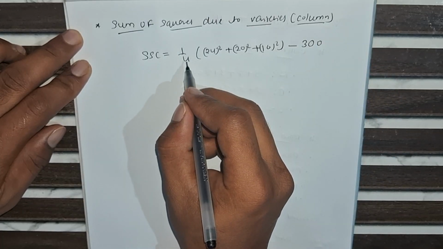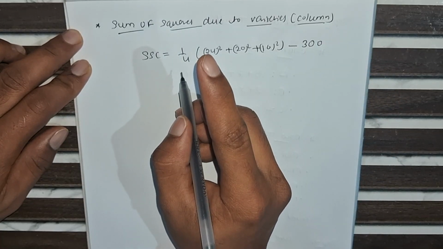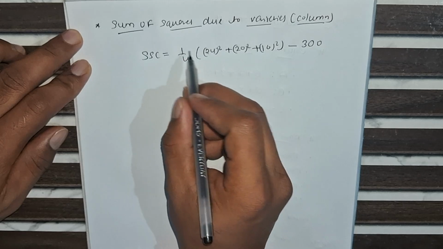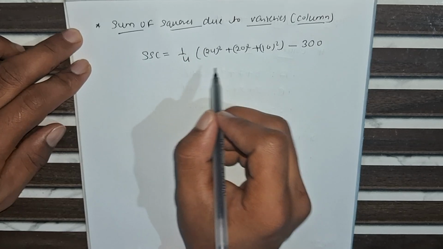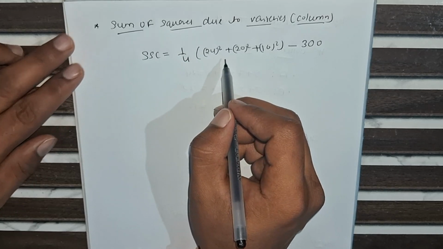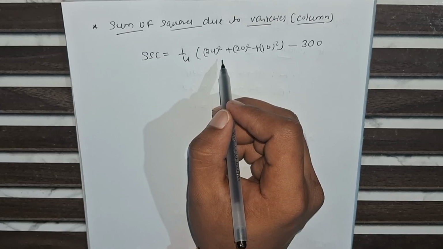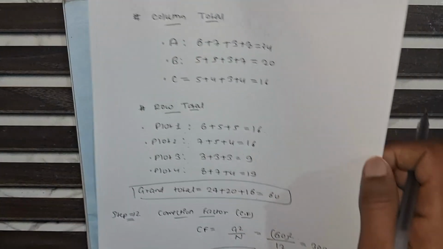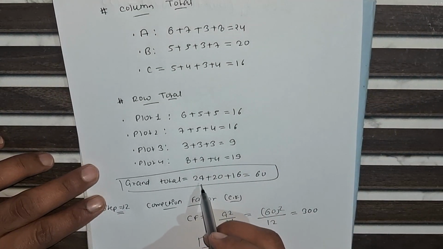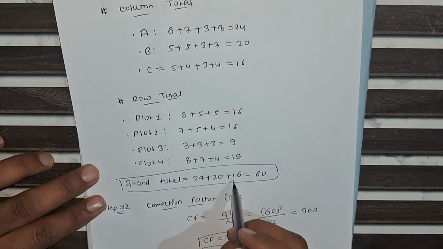Why am I dividing 1 by 4? Because each column total is based on 4 observations. That's why I am dividing this equation by 4. And what is the value we are taking? It is nothing but the grand value, which is 24 square plus 20 square plus 16 square.